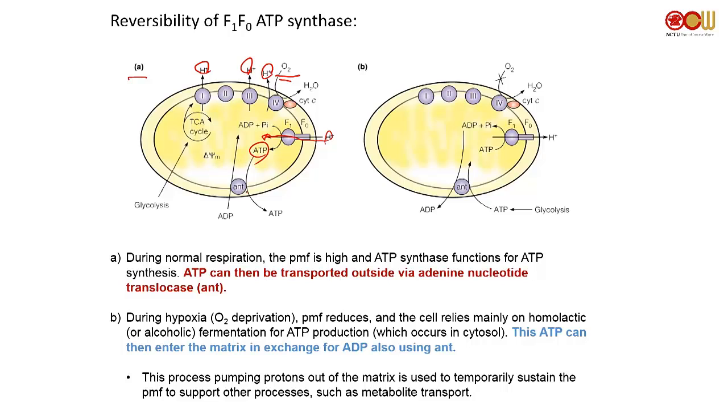But if your ATP is stuck in the mitochondria, it's not very useful. So it turns out there is a special transporter called the adenine nucleotide translocase, and this translocase will bring in ADP and take out ATP.